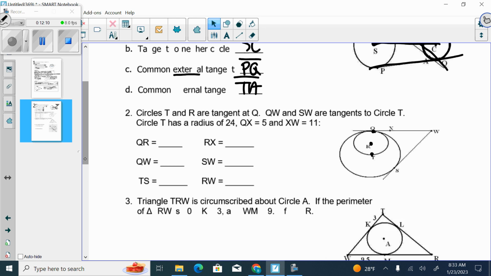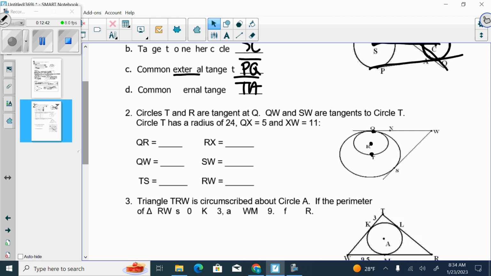QW and SW. So from Q to W and from S to W. These are both tangents to circle T. They're really big circles. It says circle T has a radius of 24, QX is 5, and XW is 11. So we're going to first just go in and label all those pieces they just gave us. So they said the radius for T was 24. What's a radius again?